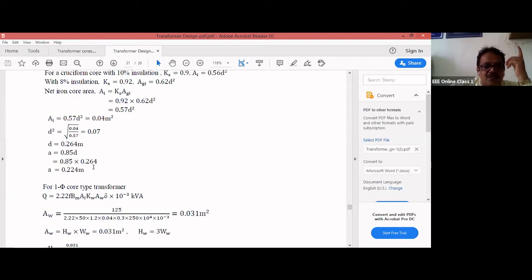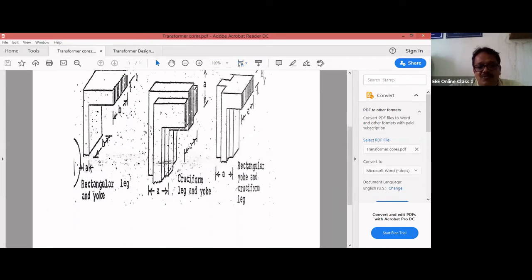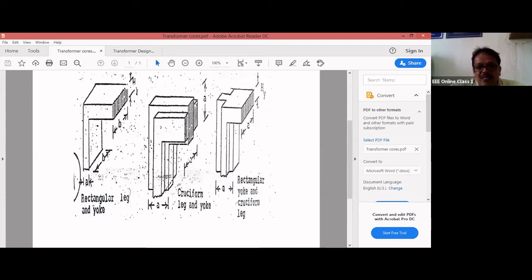Once you calculate, you get the cross section area of the core. For cruciform, A is equal to 0.224. The width of the largest stamping, even the width and the depth, both will be A for cruciform. If you see a cruciform core, both width and height will be the same.